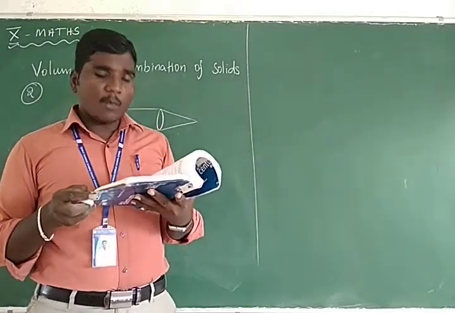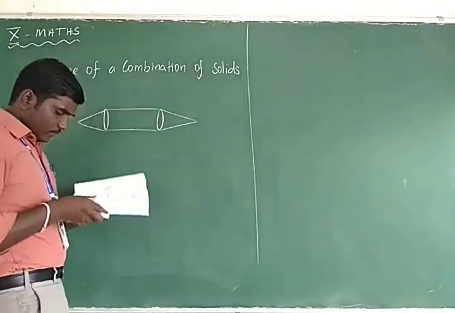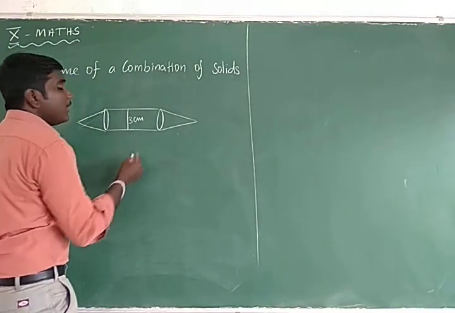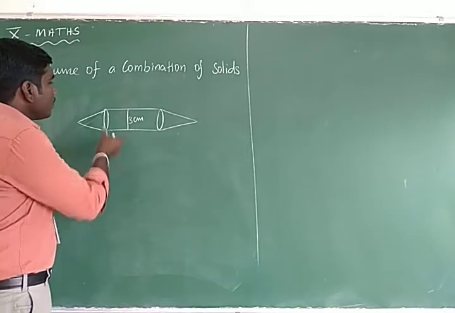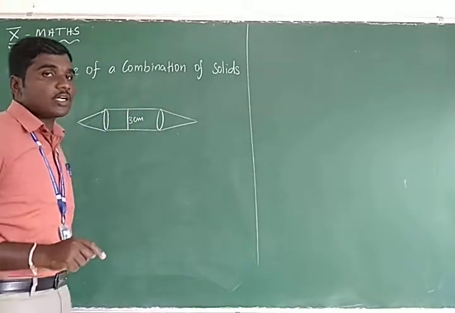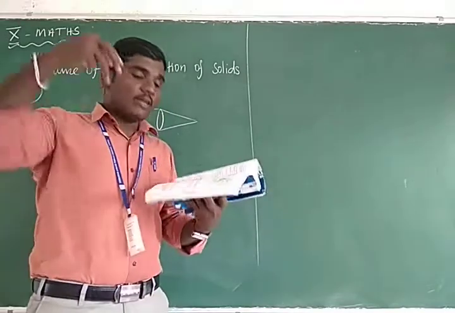The diameter of the model is 3 centimeter. So the diameter of the cylinder as well as the diameter of the cone are both the same.